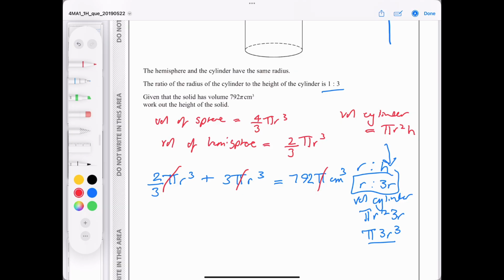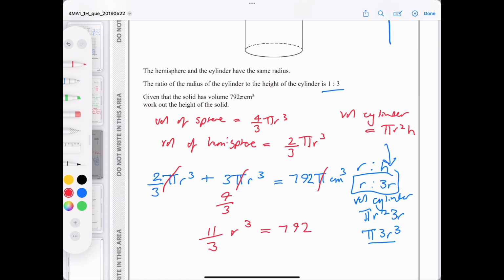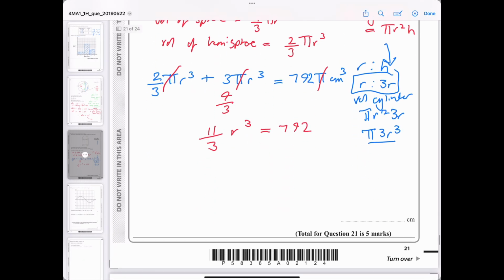So now we've got 3 and 2/3. What's 3 in terms of thirds? That's 9/3. So that would be 11/3 r cubed equals 792. Now what we have to do is multiply by 3 and divide by 11.